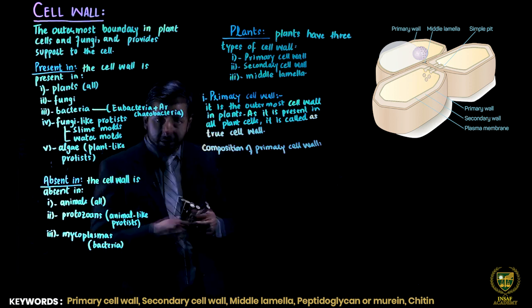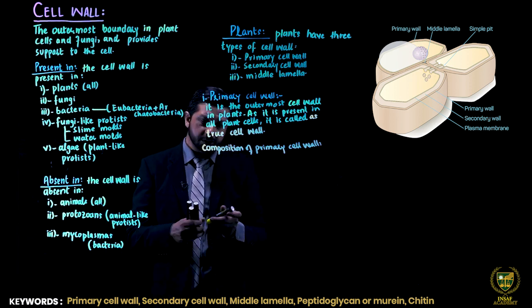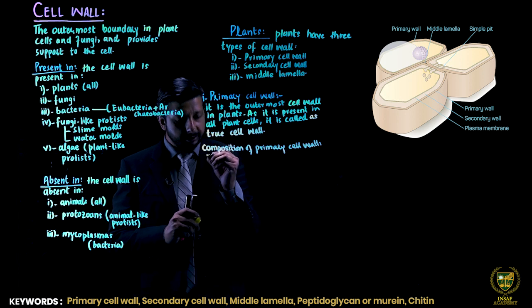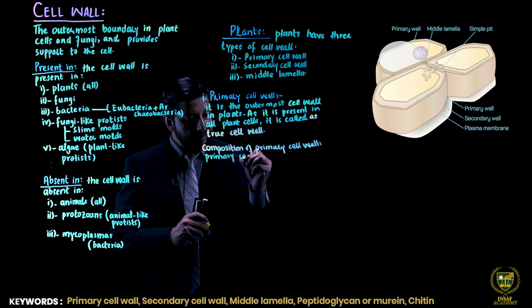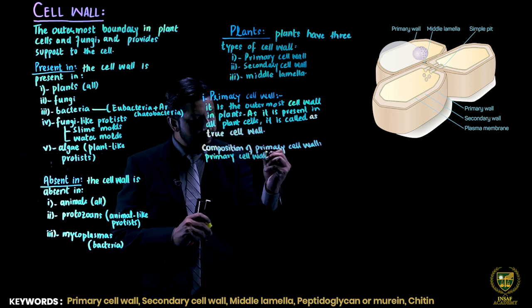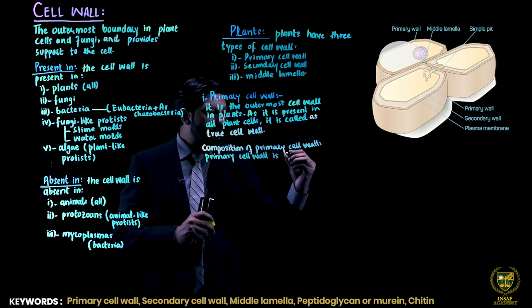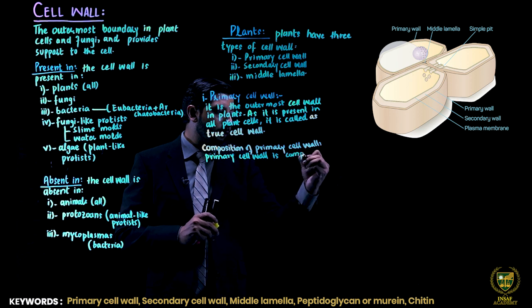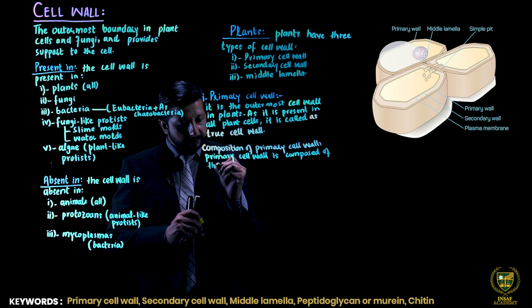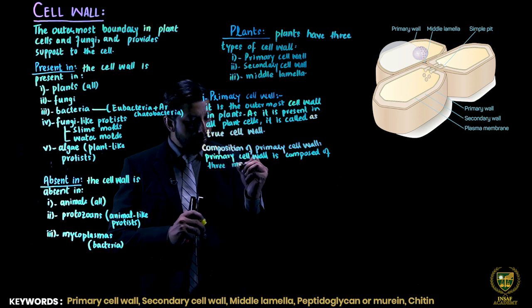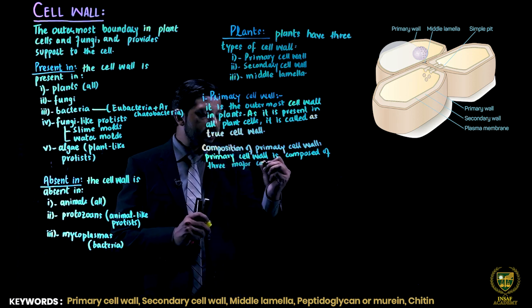As far as its composition is concerned, dear students, the primary cell wall is composed of three major components.